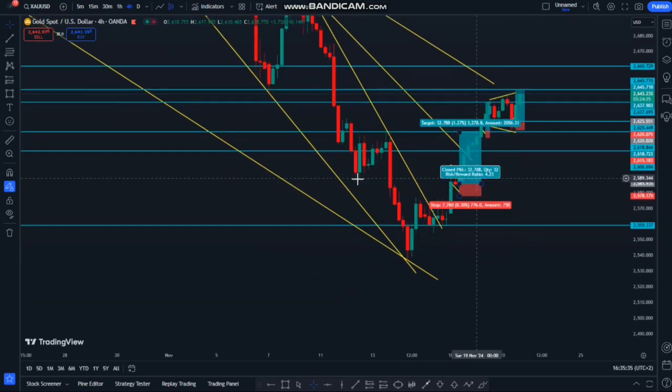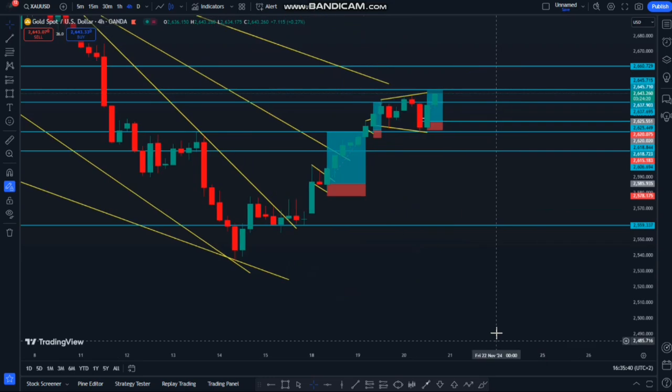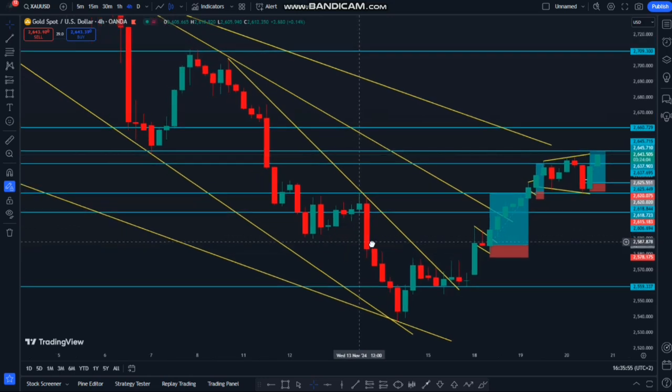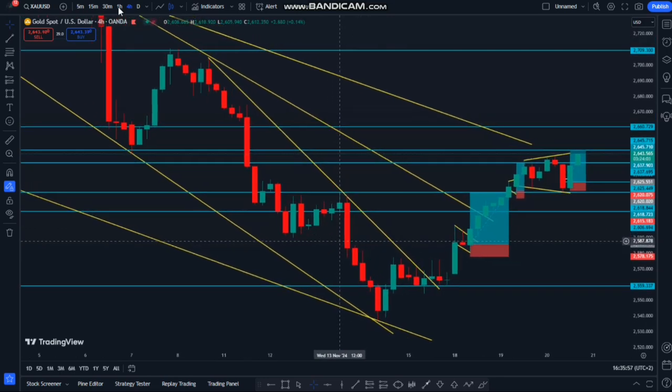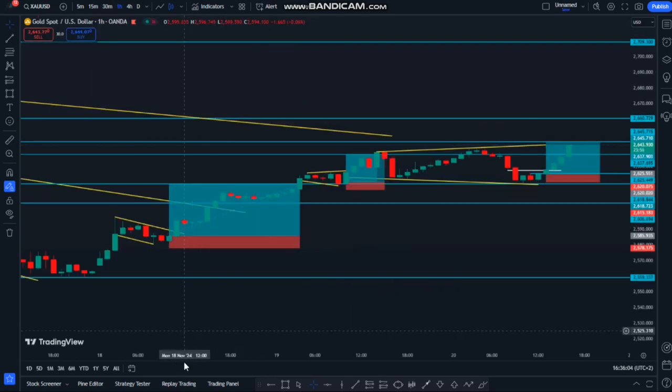So I realized that now the market has broken out of this trend line, meaning it has changed the direction, not the overall direction of the market, but the direction according to 1 hour time frame. So what did I do? I went to 1 hour time frame or 15 minutes time frame.